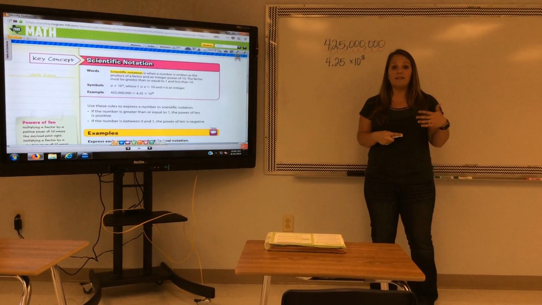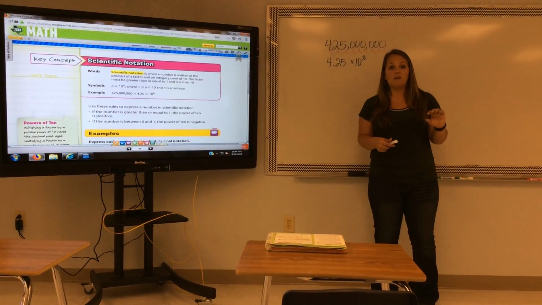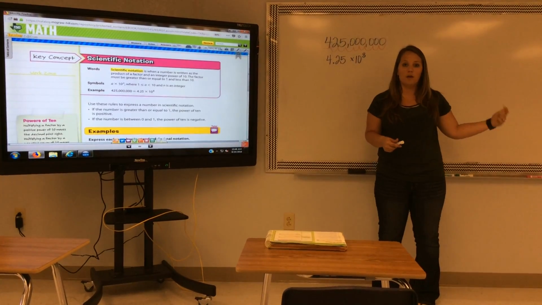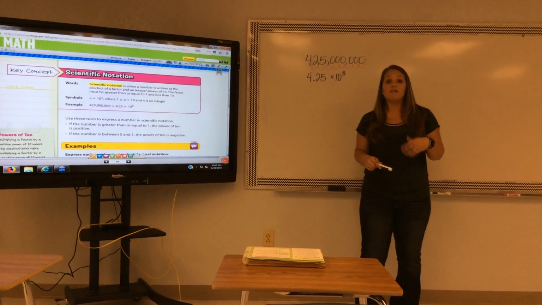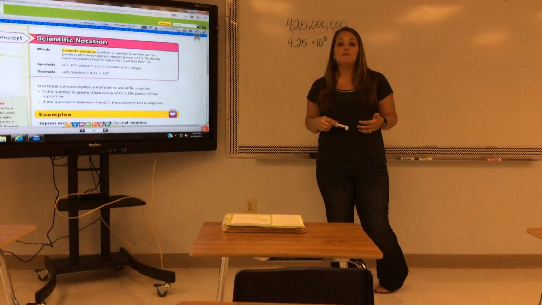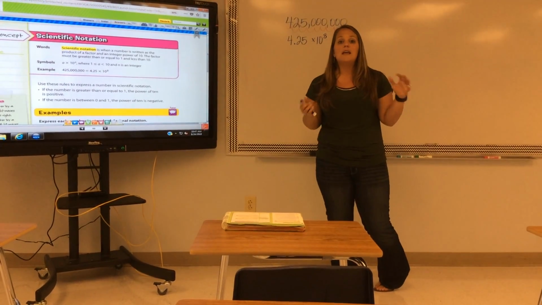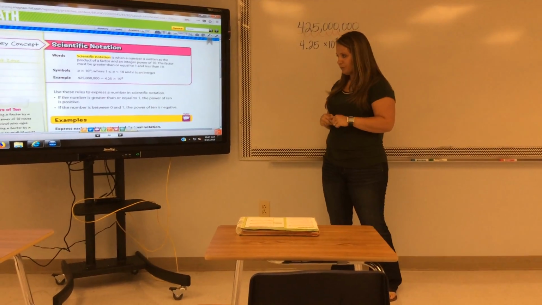Because just like we talked about in the last 2 lessons, when you continuously multiply over and over again, you have a positive exponent. When you continue to divide over and over again, you have a negative exponent. So when I'm dividing things from a whole number into a decimal, I need to be using negative exponents.